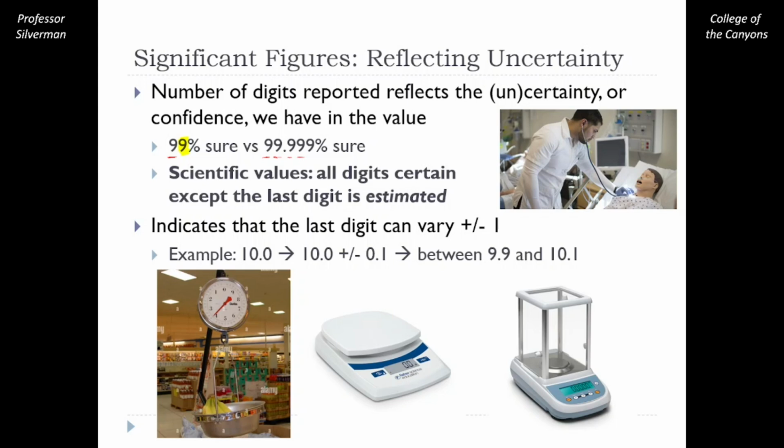For our second doctor, 4 of those 9s we are not guessing about, and only that very rightmost 9 is uncertain. When we have uncertain digits, those values can be plus or minus approximately 1, just as a rule of thumb.